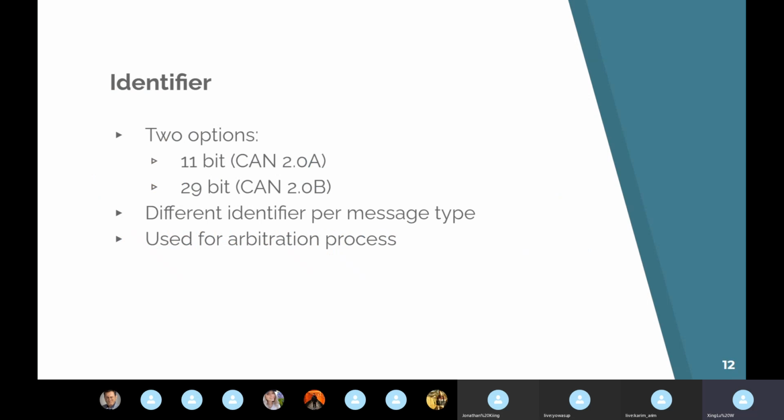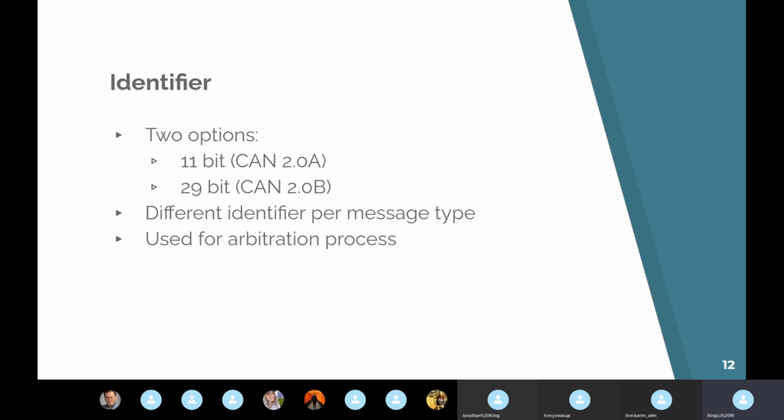The identifier has 2 options, which are just 2 different industry standards: the 11-bit option, which is CAN 2.0A, and the 29-bit option, which is CAN 2.0B. Usually the identifiers are per ECU, or per sensor. For example, tire pressure monitoring would have its own identifier. It's used for the arbitration process, which is how it sets the priority.